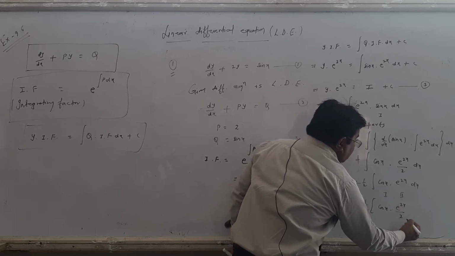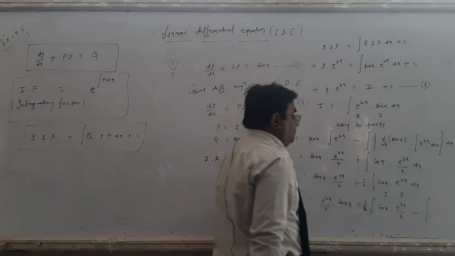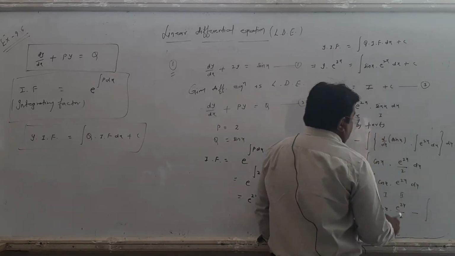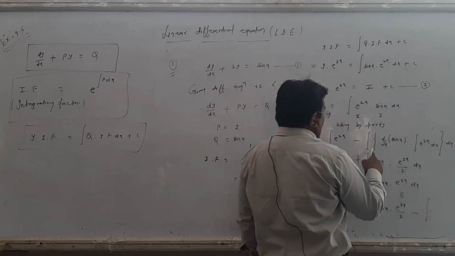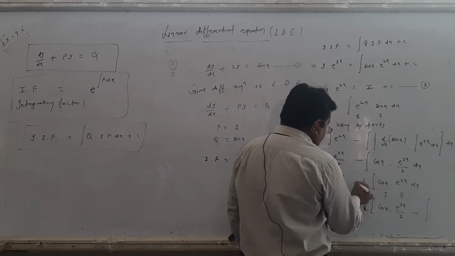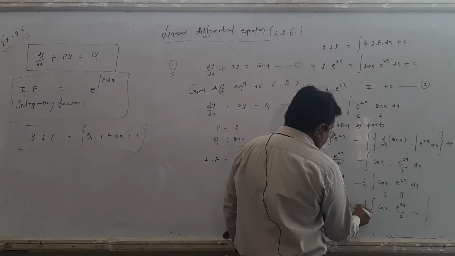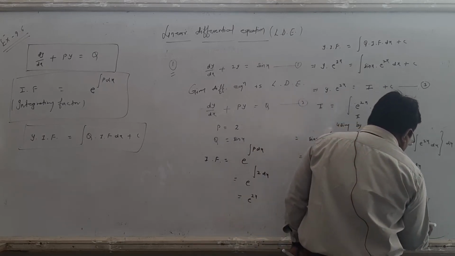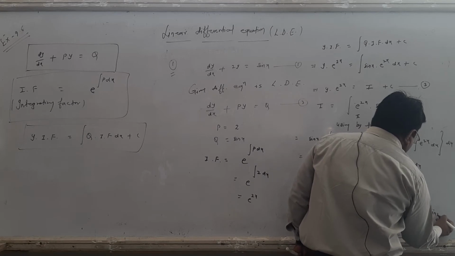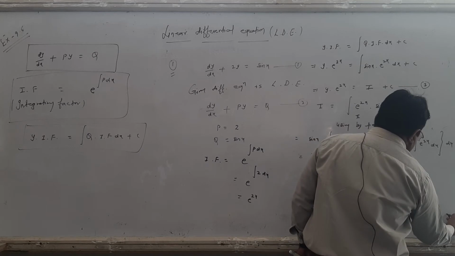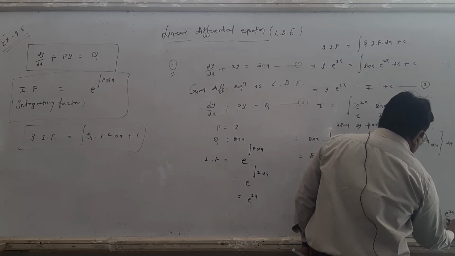Then e raised to power 2x upon 2 minus integration of differentiation of first. The differentiation of cos is, sorry, of sin is cos, right, and now the integration of cos is sin, so minus minus plus sin into integration of second function, e raised to power 2x, which is e raised to power 2x upon 2.